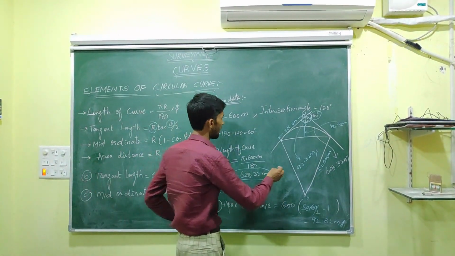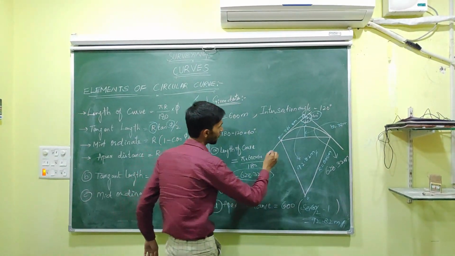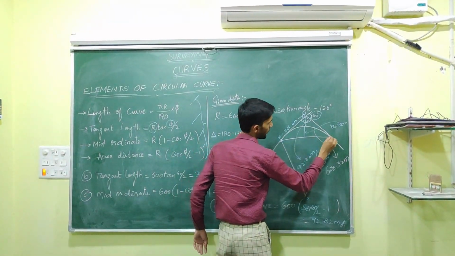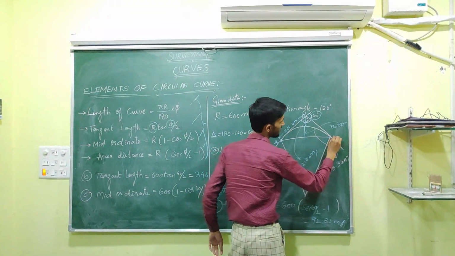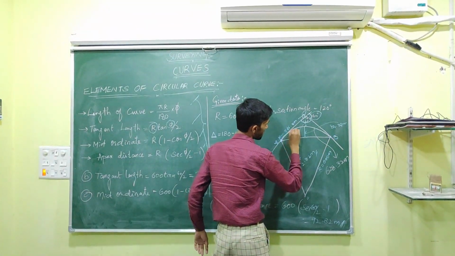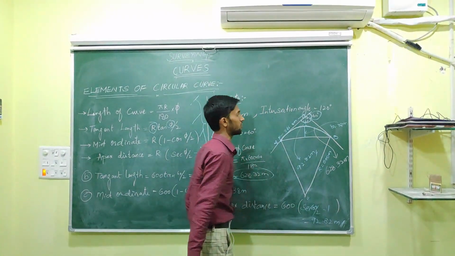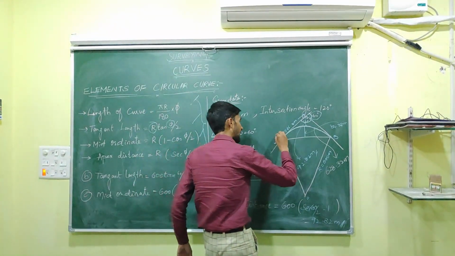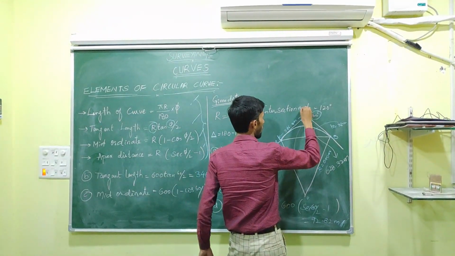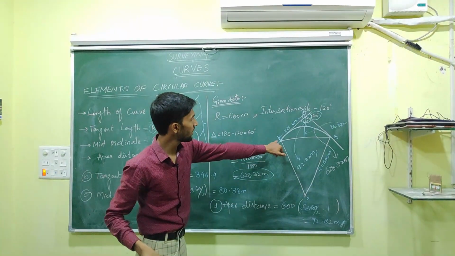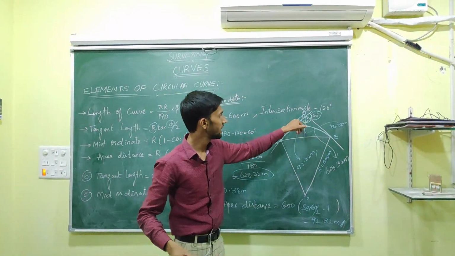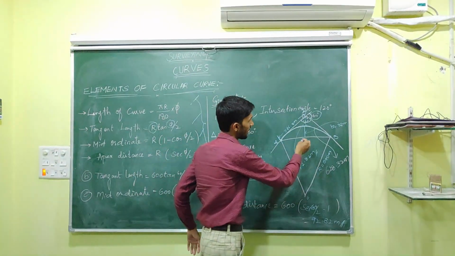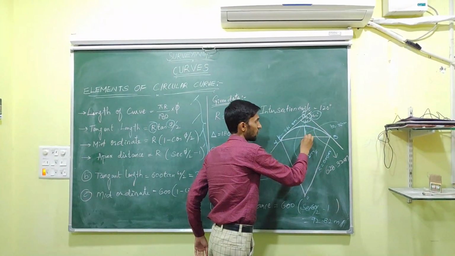So let's see, the length of curve is from this point to this point, that is from A to B. Suppose this is the length of the curve, and then the tangent length is from A to I. Then what is the length of mid ordinate? This is the length of mid ordinate.